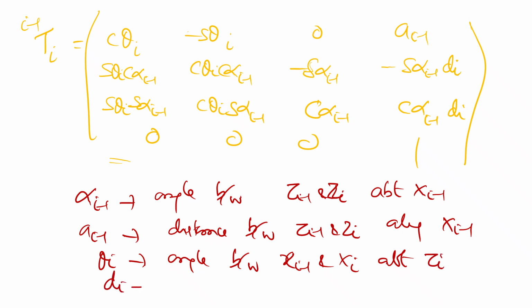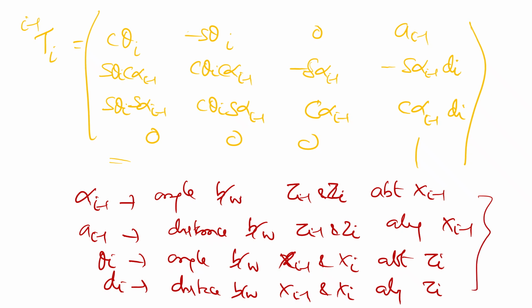Then what is d i? The distance between X i minus 1 and X i along Z. As a result, the angle between z's is alpha, the distance between z's is a, the angle between x's is theta, and the distance between x's is d i. These are the parameters.